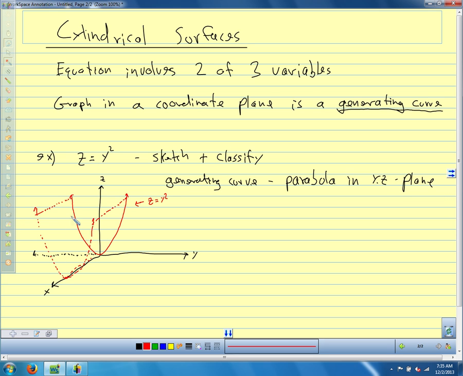So we get this trough that's cylindrically shaped. If we wanted to classify this, we could call this a parabolic cylinder. So it's this parabolic trough that extends along the x-axis.